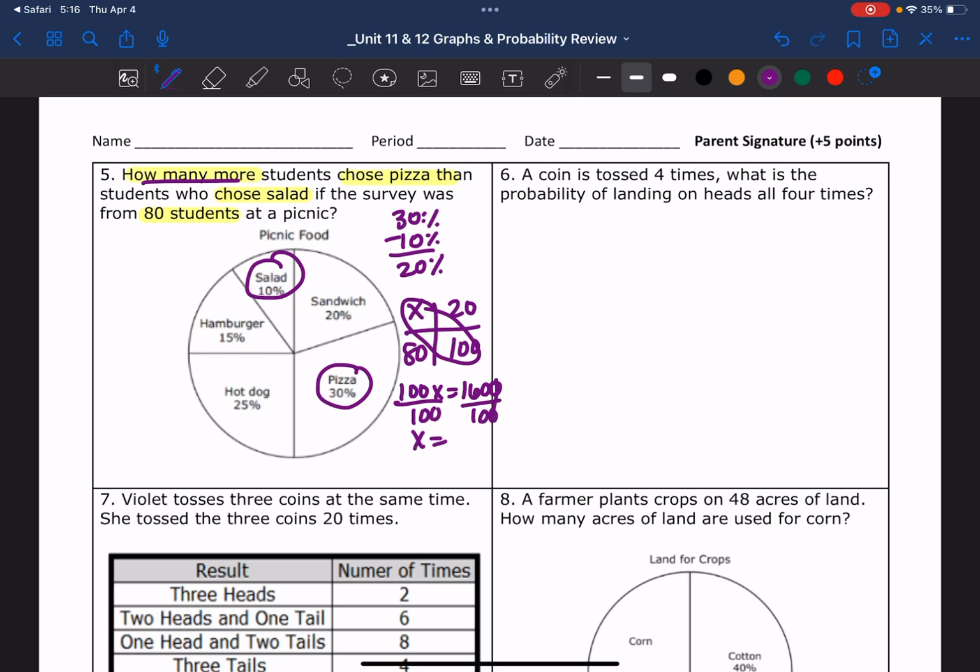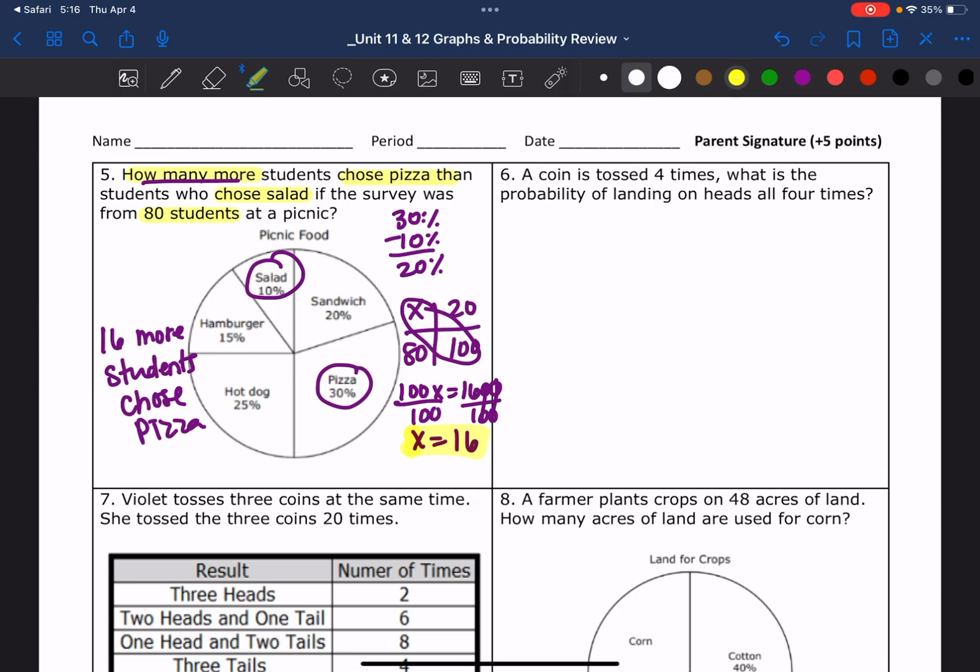I get x is equal to 16, okay? This is our answer here. So, another way that we can write this is that 16 more students chose pizza, okay?